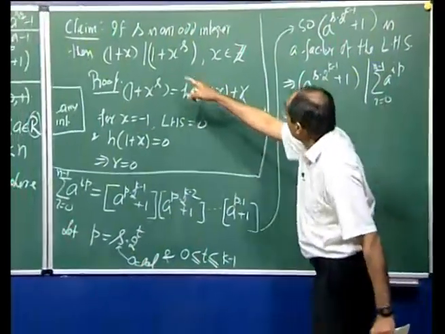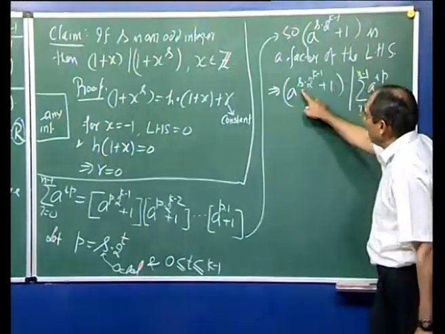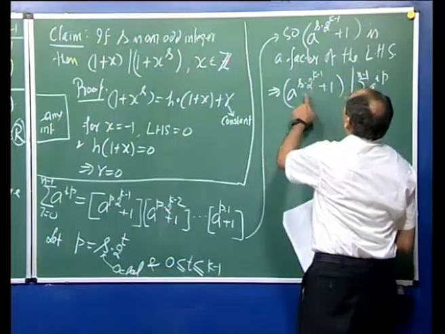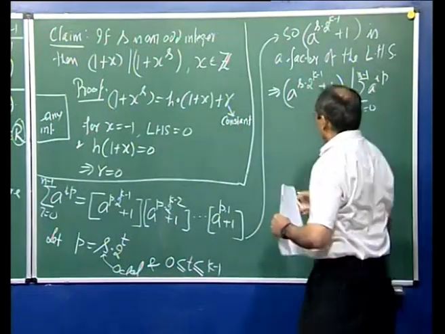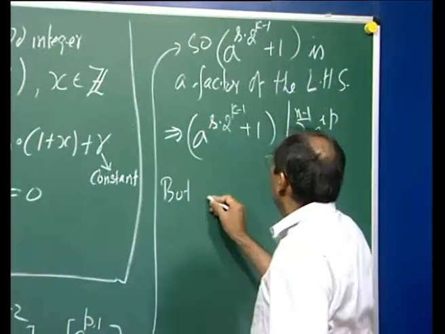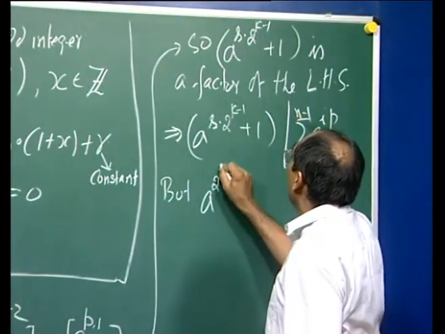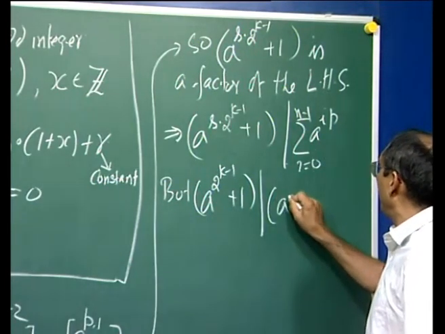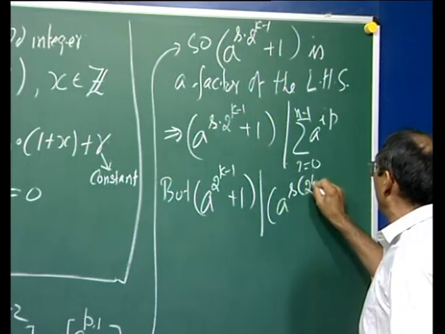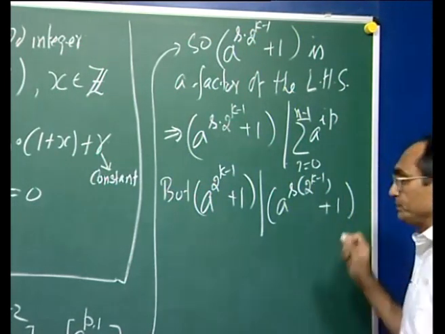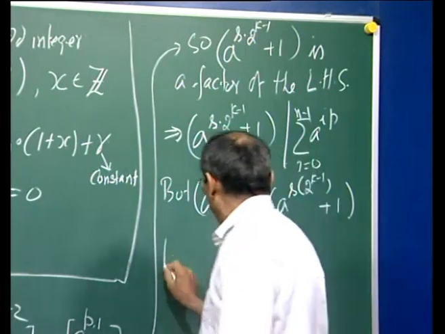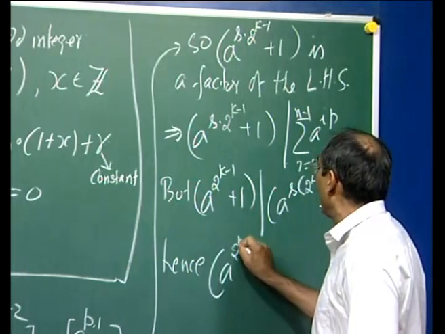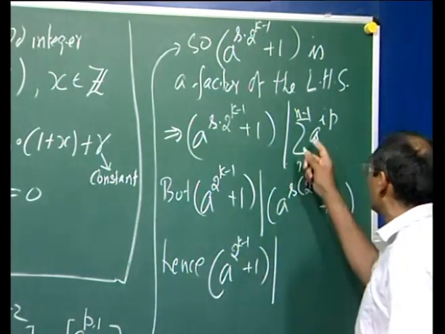And now, I am going to use this result. Notice that my s is an odd number, and this result tells me that a^(2^(k-1)) plus 1 divides a^(s·2^(k-1)) plus 1. Hence, a^(2^(k-1)) plus 1 must also divide this sum.